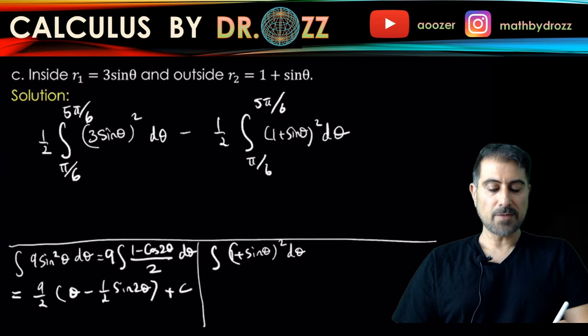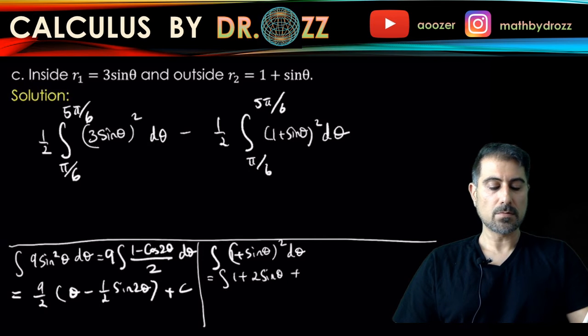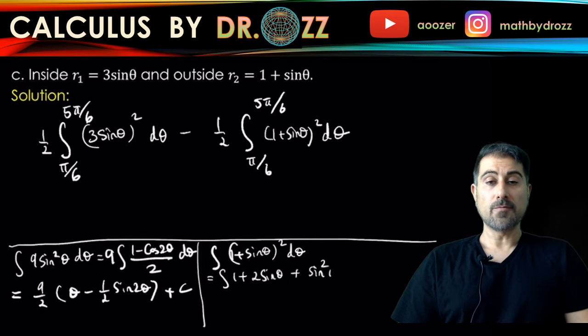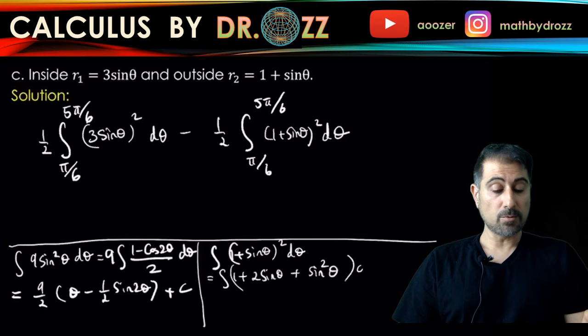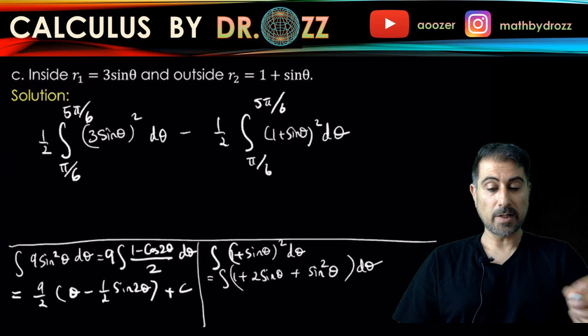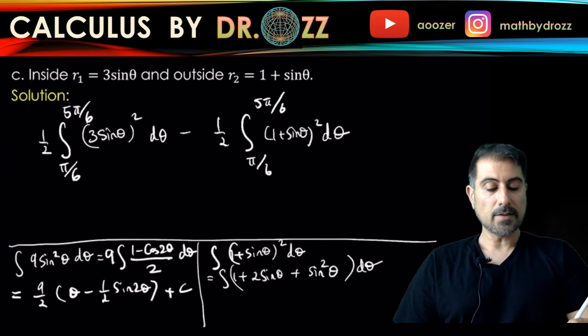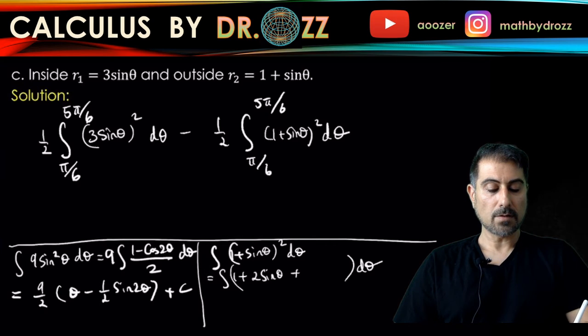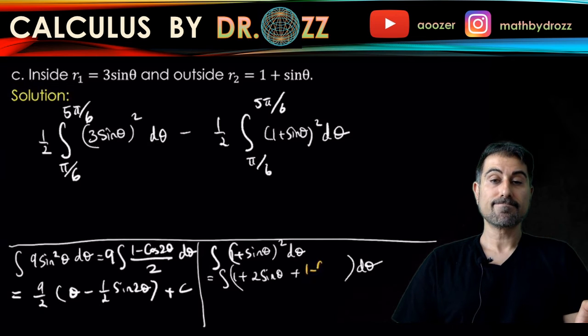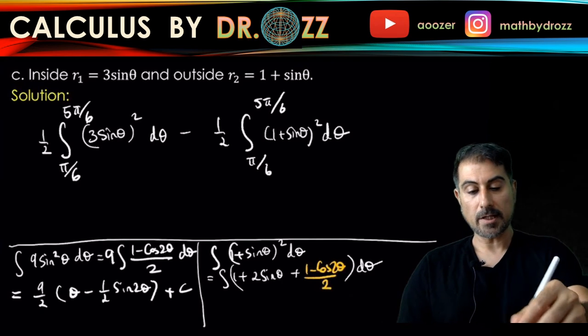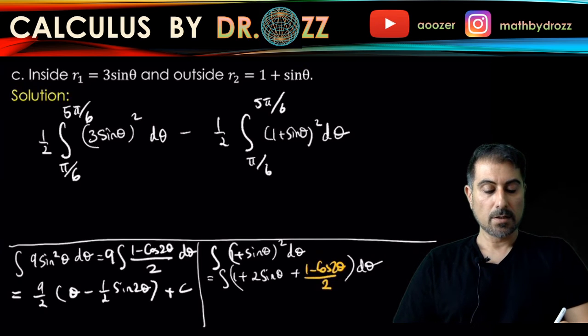And for this one, we have to expand this whole thing out. And for sine squared theta, I'm going to use the power reducing formula as well, so let me replace that by 1 minus cosine 2 theta over 2. Now we can integrate in one shot.